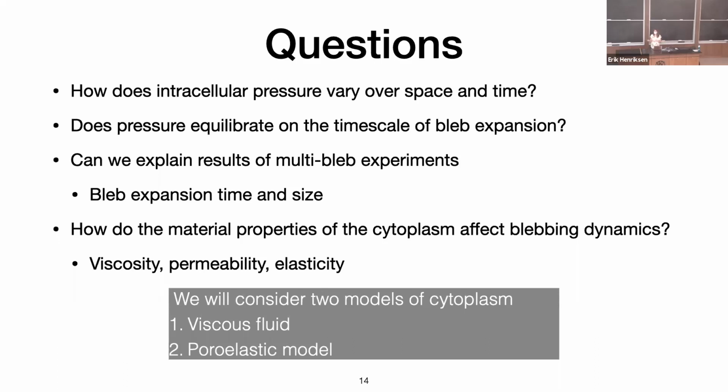And how do the material properties of the cytoplasm, that elastic network within it, affect blebbing dynamics? The quantities we want to look at are viscosity of the fluid, permeability, and elasticity. And so I'm going to consider two models of the cytoplasm, a pure viscous fluid model and a poroelastic model.